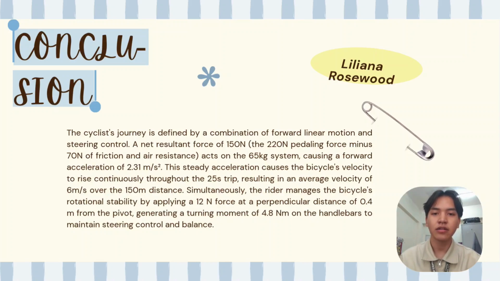This acceleration allowed the cyclist to reach an average velocity of 6 meters per second over the 150 meter trip in just 25 seconds. Finally, to maintain stability and control, the rider applies a force of 12 Newton at a distance of 0.4 meter from the pivot, generating a turning moment of 4.8 Nm on the handlebars.